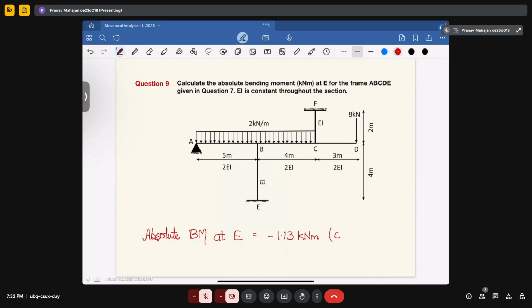Okay, so whatever you require, whether it is shear force or absolute bending moment, you can calculate for any complex structure using this moment distribution method.